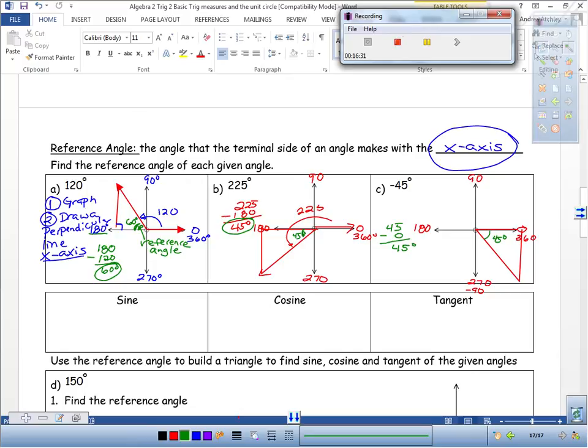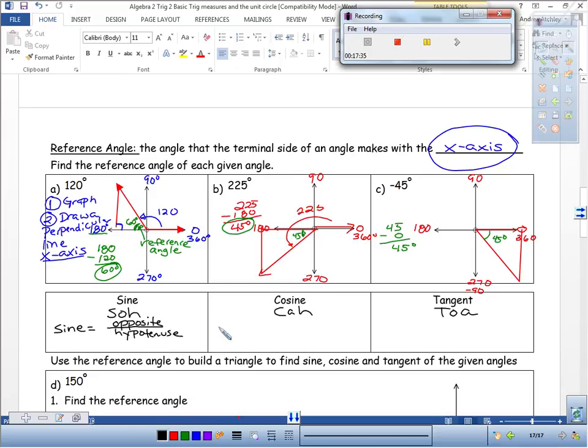Okay, let's finish our sine, cosine, and tangent. We already kind of talked about this. Okay, this is SOHCAHTOA. That's how you remembered it last year in geometry. And so sine equals the opposite over the hypotenuse. Any questions over that?